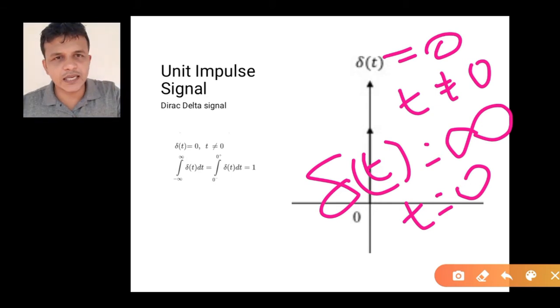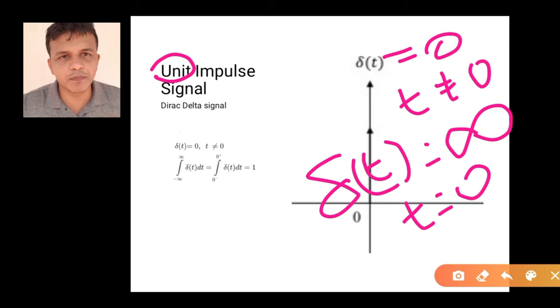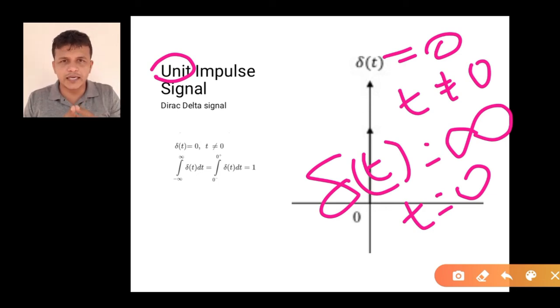So when this is the case, why do we call this a unit impulse signal? We can simply say impulse signal. The reason is that del of t is infinity at t equal to 0, but the area under that amplitude is 1. This is similar to a probability density function, where the total area under the entire curve is 1.